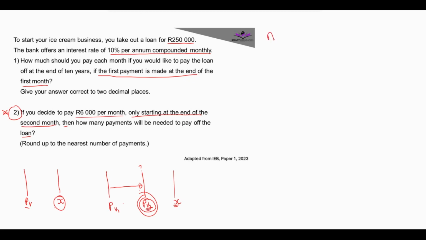So we're saying A is equal to P times (1 plus i) to the power n. We're looking for our PV2, which is A. So 250,000 times 1 plus, gaining an interest of 10% per annum compounded monthly. So it's going to be 0.1 over 12, to the power of 1 month, so it's just 1 there.